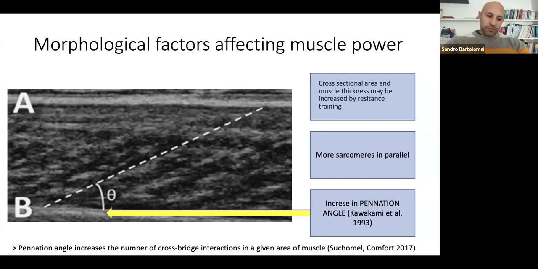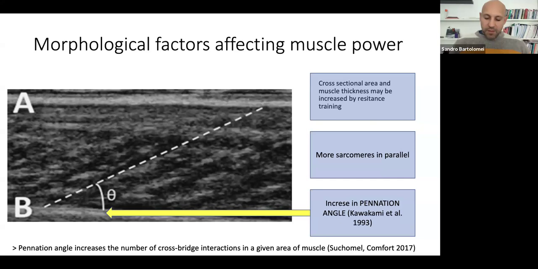Another adaptation may consist in an increase in pennation angle. So typically, resistance exercise increases the pennation angle, and then that may change the possibility of the muscle to work quickly.